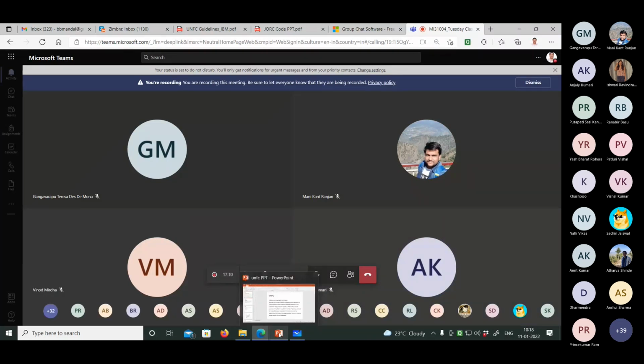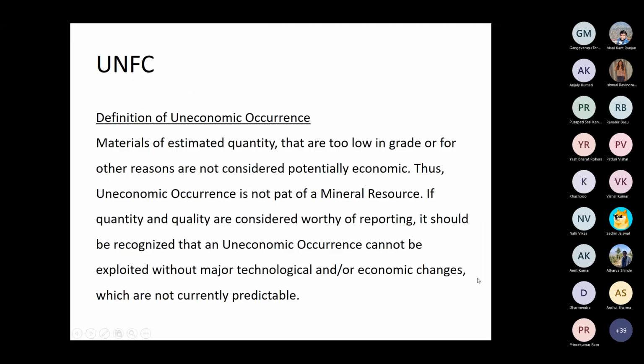So based on what we have been discussing, now let's talk about the United Nations framework classification. I talked about this particular topic in my metal mining class, but here in mineral economics, it is most important in the beginning. There I just pointed out because otherwise we could have been out of context.